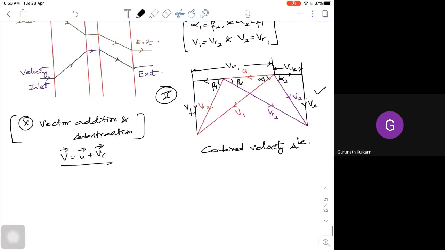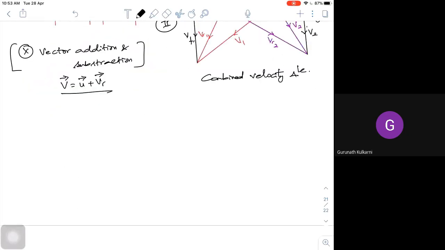Now, when we are looking at R equal to 0.5 reaction turbines, we are supposed to derive the expression for work done. So, let us list out the conditions. The first condition is R equal to 0.5, that is, the degree of reaction is 0.5.